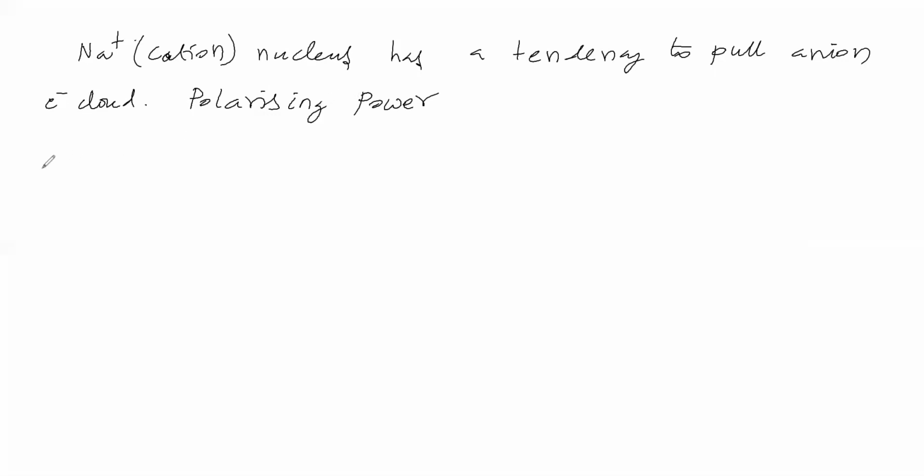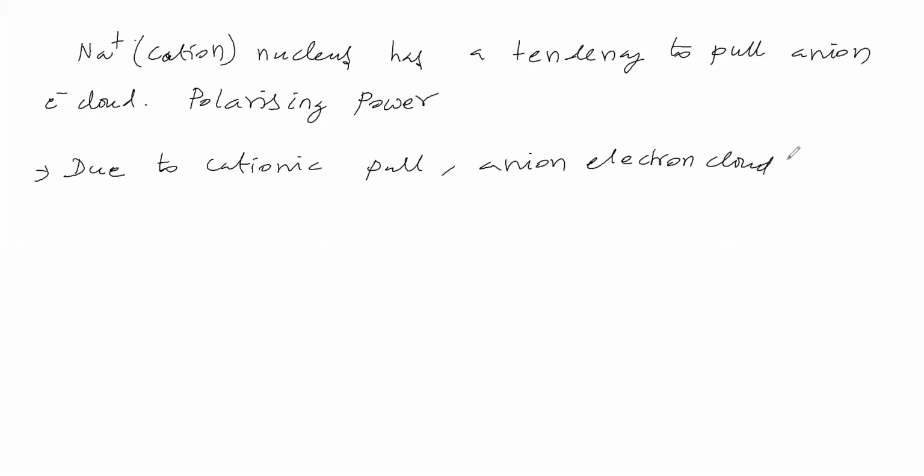Now, due to the cationic pull, the anion electron cloud distorts towards the cation. So the cation is pulling the anion electron cloud, therefore the anion electron cloud is distorting towards the cation.